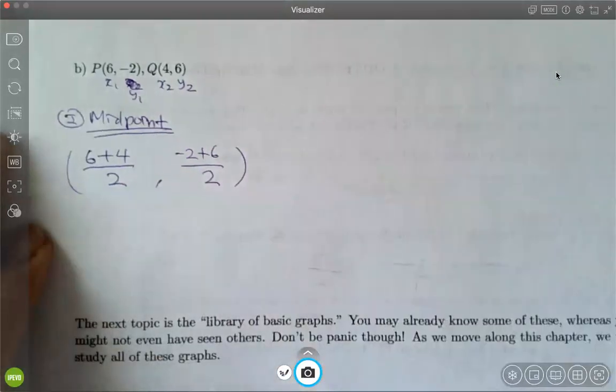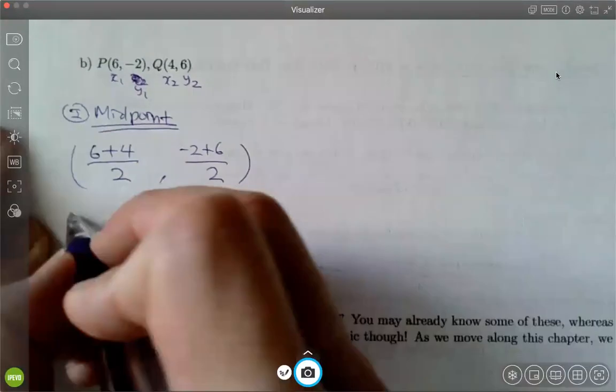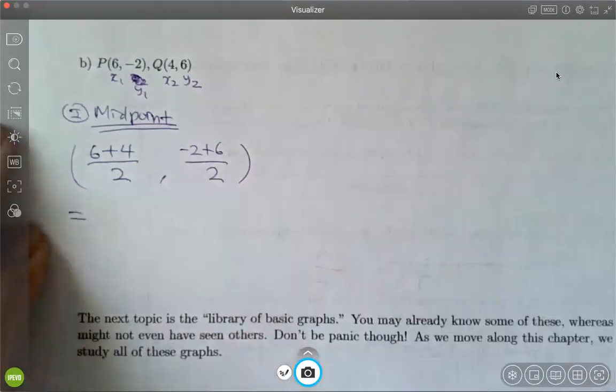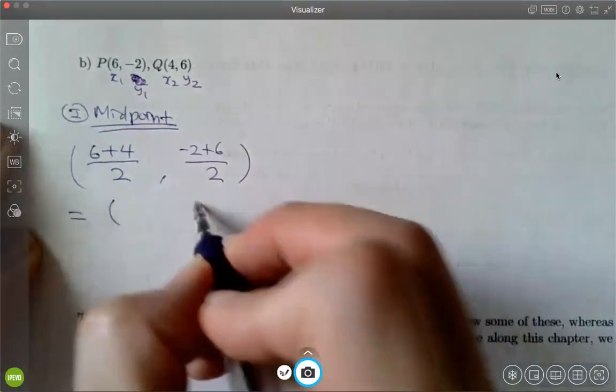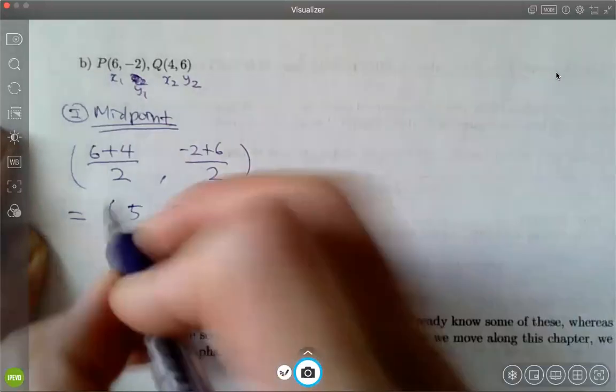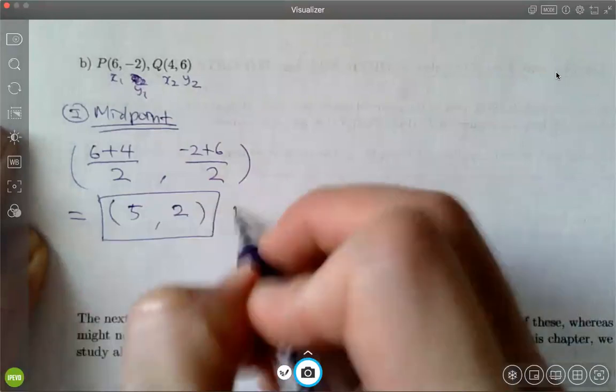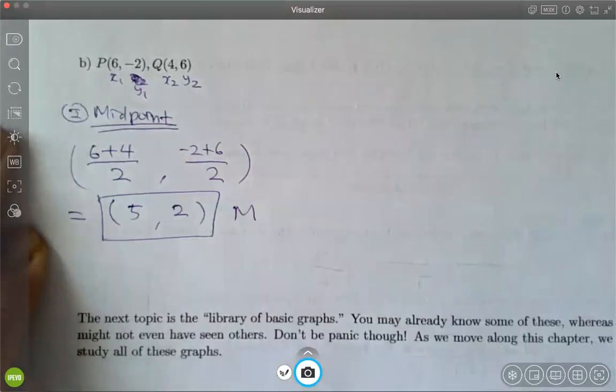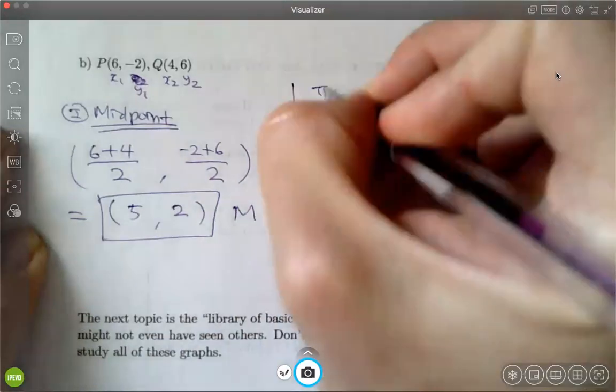Okay, so now what is 6 plus 4 over 2? 5. 5. And what is negative 2 plus 6 all over 2? 2. 2. Do you see why? 4 over 2, right? Okay, so that is the midpoint M. And now the distance.